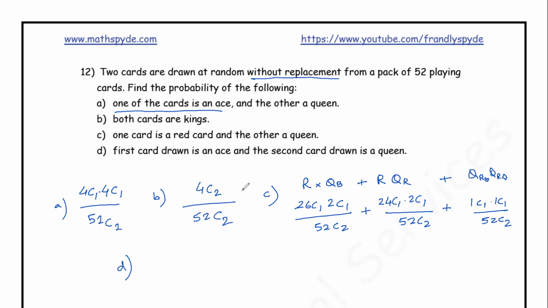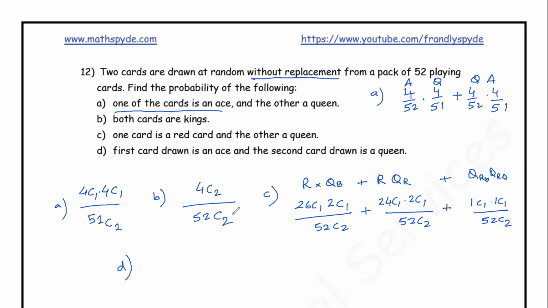If I were to show you the first one in a non-C format, it would be like this: 4 by 52 and 4 by 51. Now this would be ace, and this would be queen. I could also have 4 by 52 into 4 by 51, with the first card being a queen and then an ace.